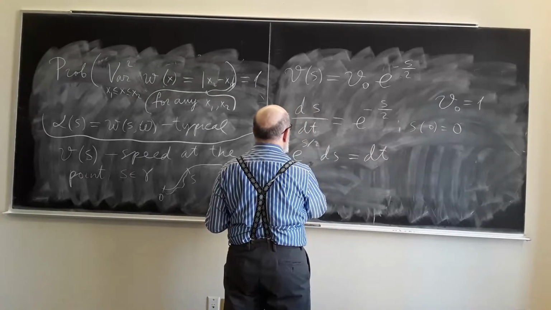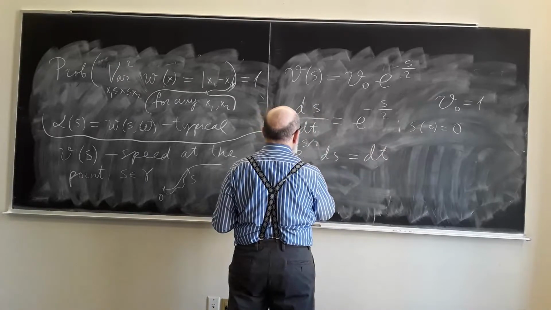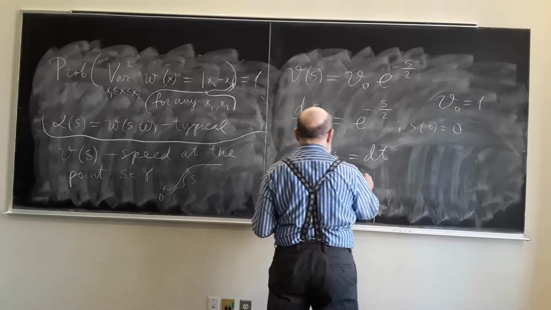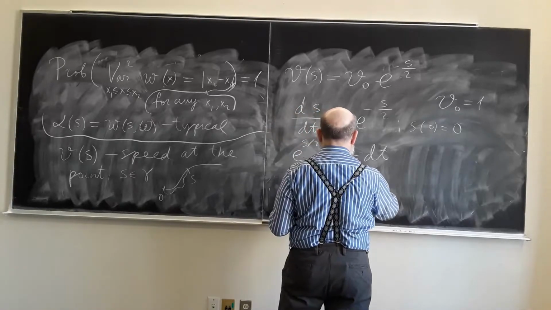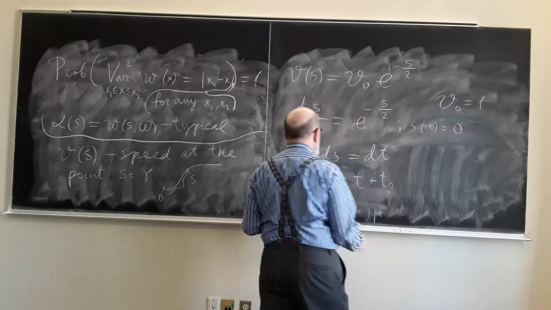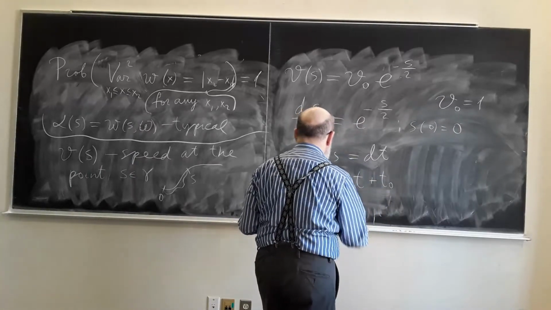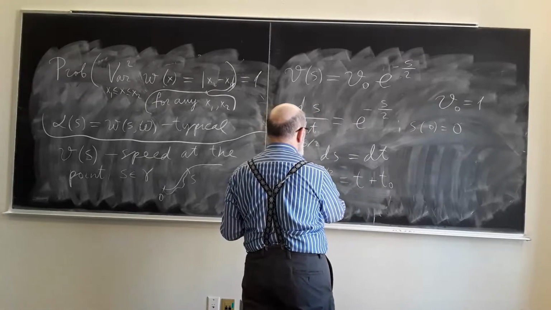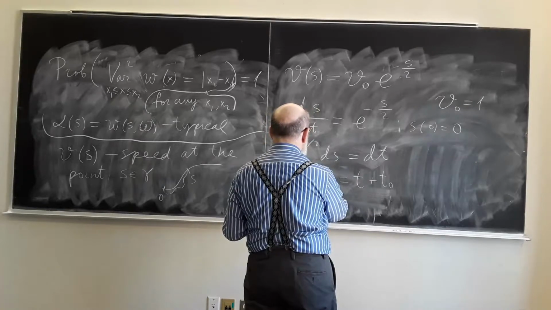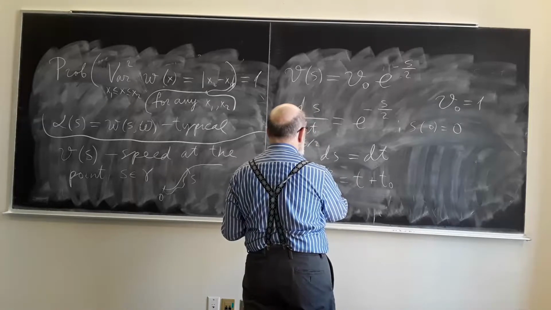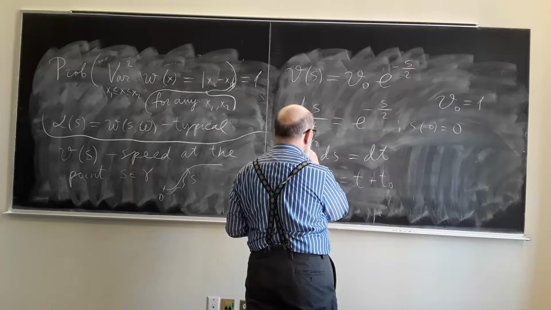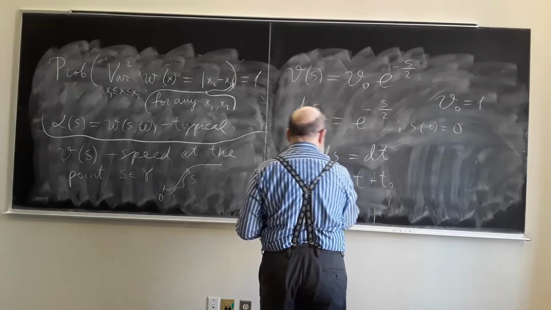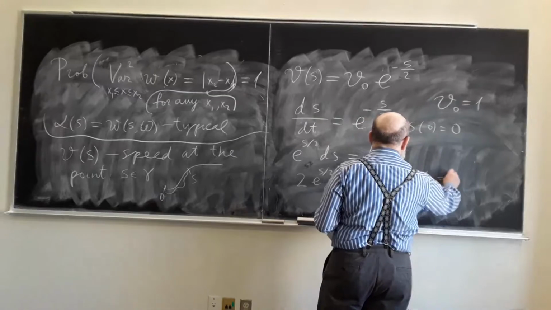This means 2 e s over 2 equals t plus t0. t0 equals 2, because if t equals 0, then this equals 2, and it should be e to the 2 equals 0 plus t0, so t0 equals 2.